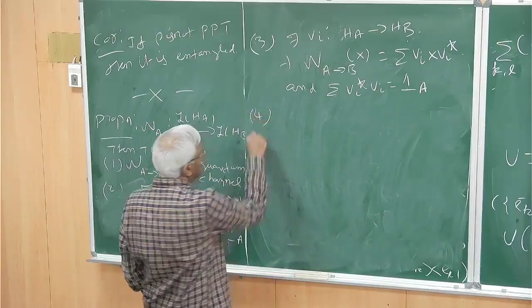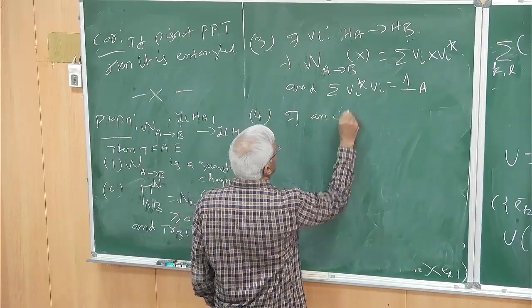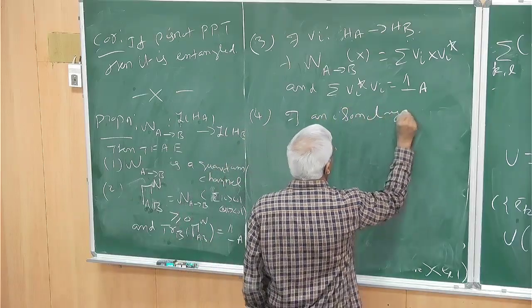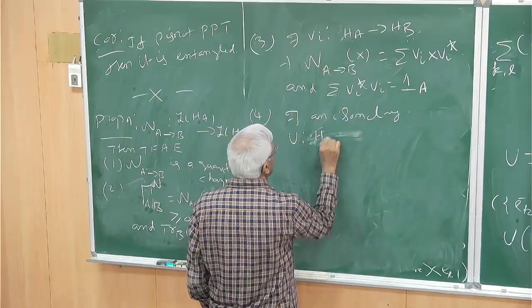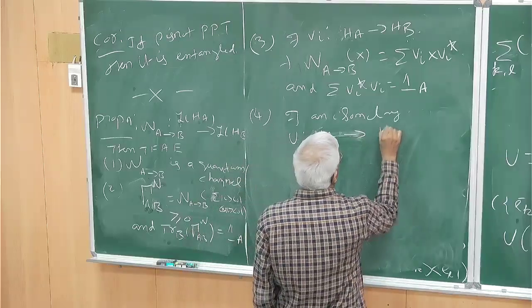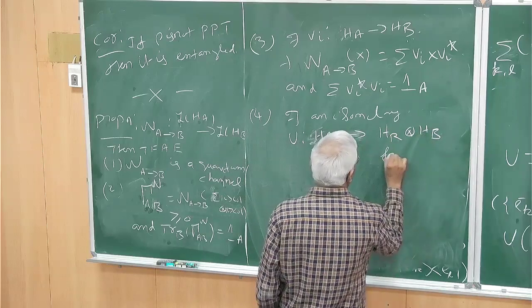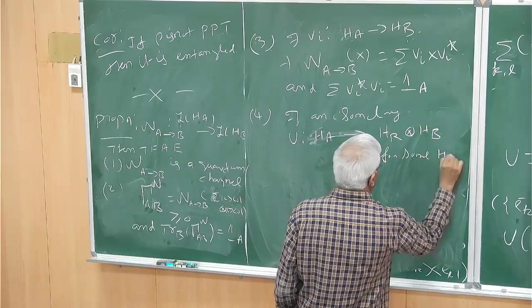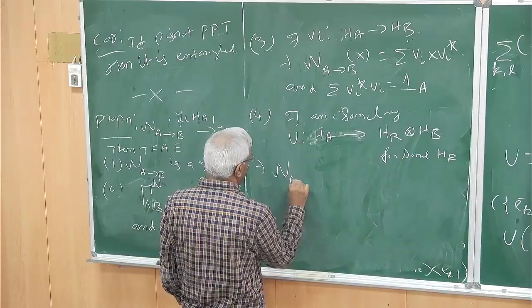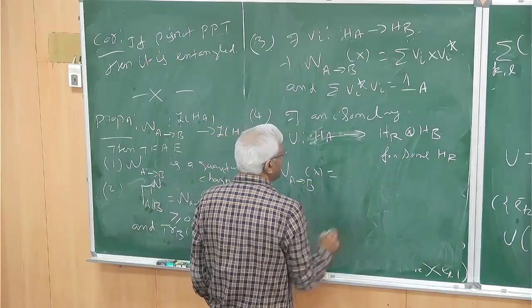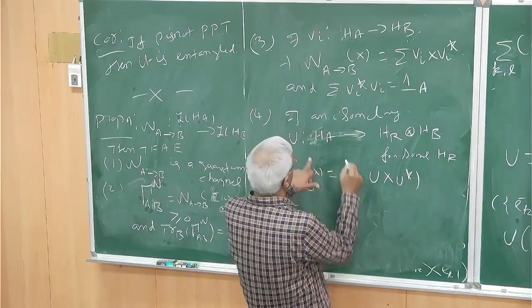Then the fourth condition: there exists an isometry U from HA to HR tensor HB, for some finite dimensional Hilbert space HR, such that this N is given by U x U star, where U is an isometry.